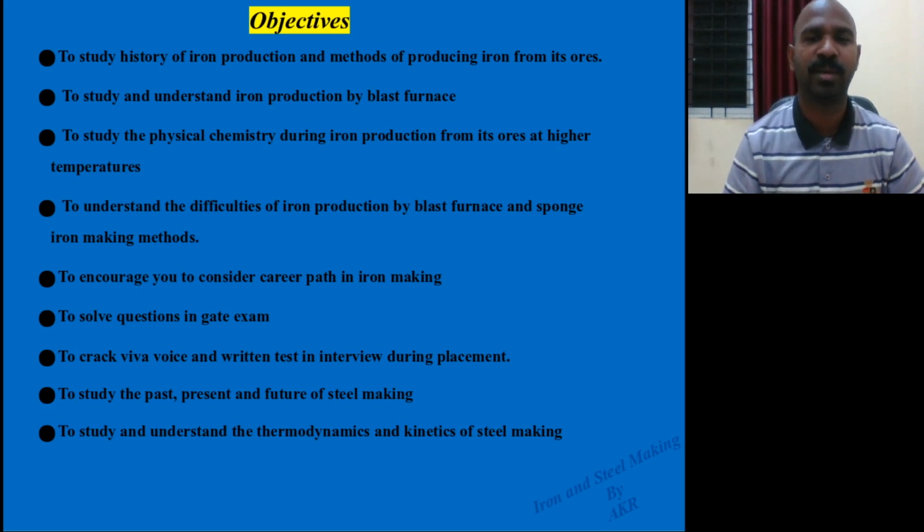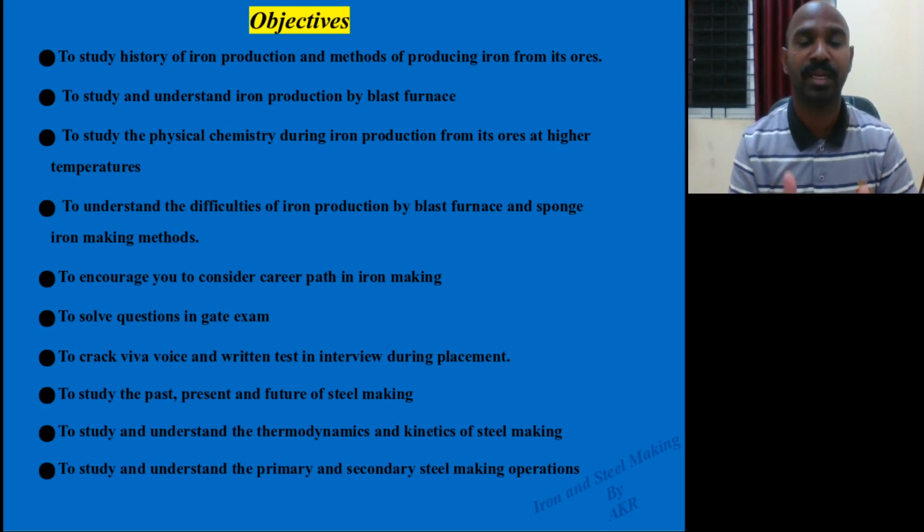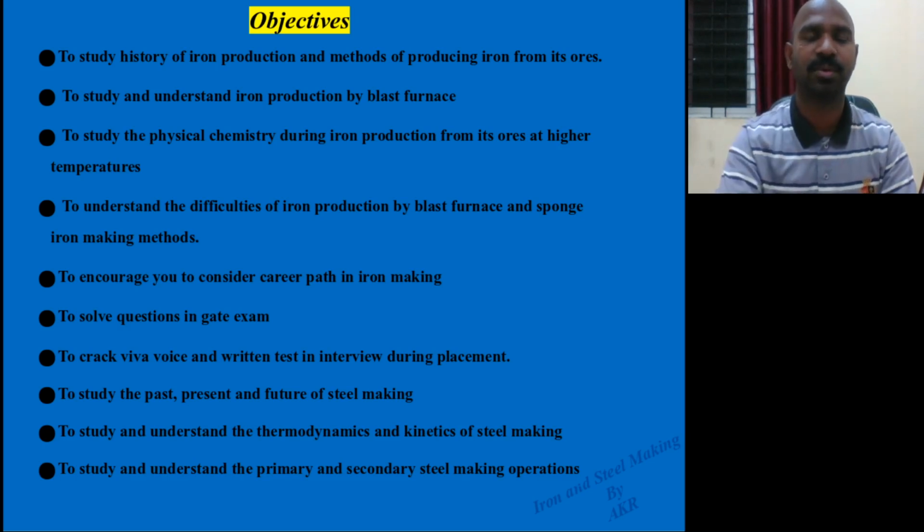You are supposed to know and understand the thermodynamics and kinetics involved in steel making, how impure iron is purified, and the process of refining. Then primary and secondary steel making processes, what is the difference, and why you call it a primary step.